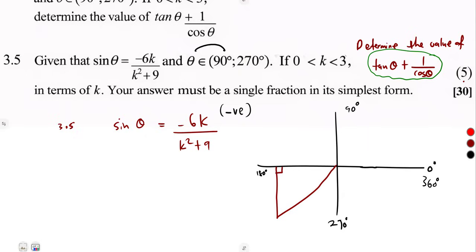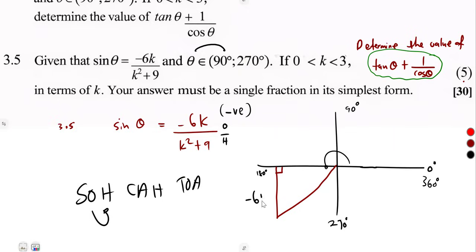According to the ratio of a sine from our SOHCAHTOA concept, sine is opposite over hypotenuse. So according to our angle, the opposite is negative 6k, and this is our hypotenuse, k squared plus 9.